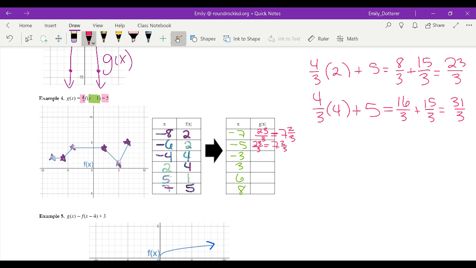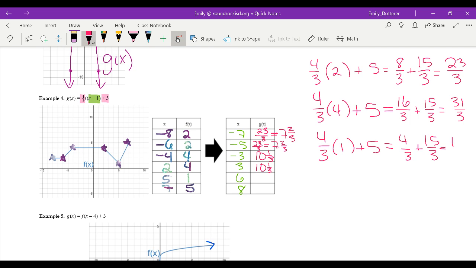Okay, so we get 31/3, which is 10 1/3. Which means this one will be 10 1/3 as well. Four thirds times 1 is 4/3.